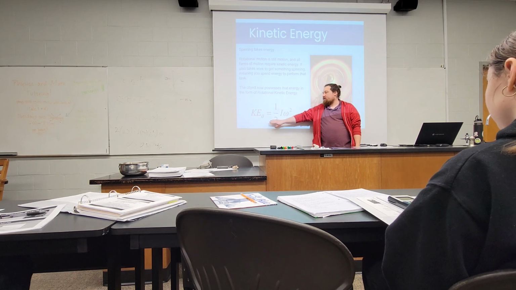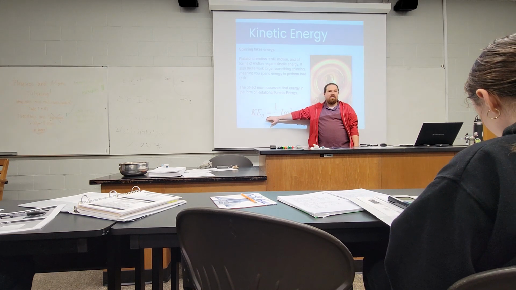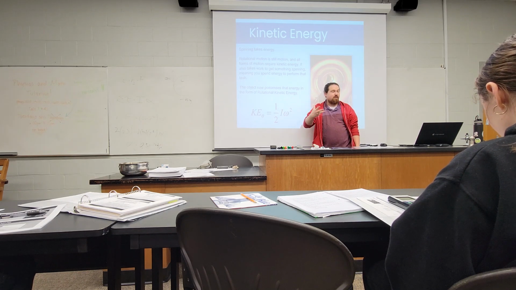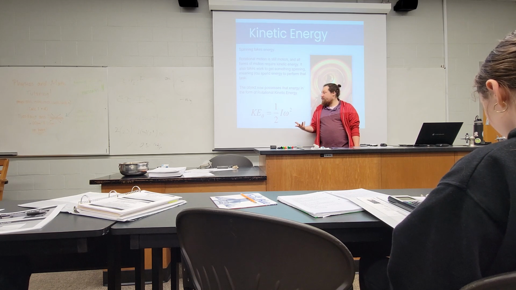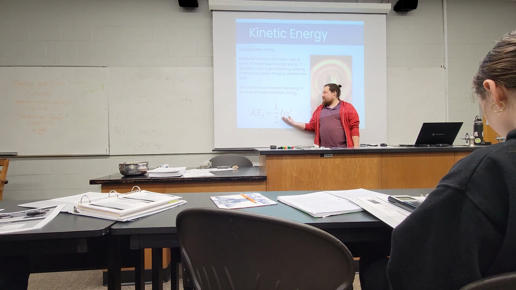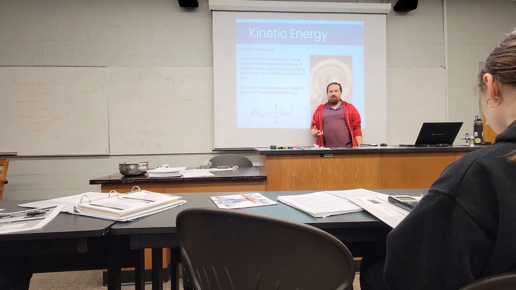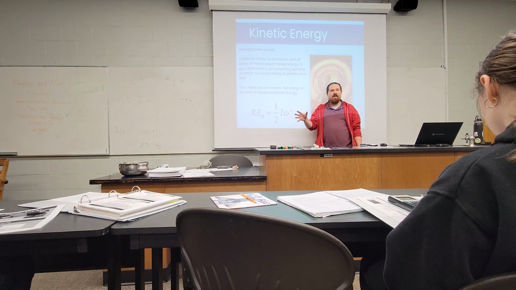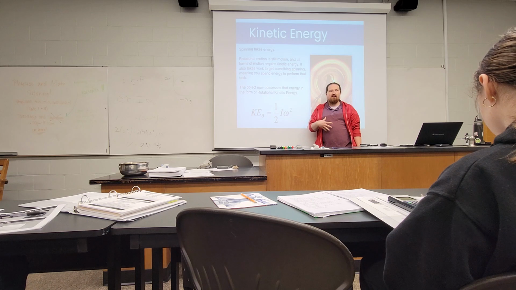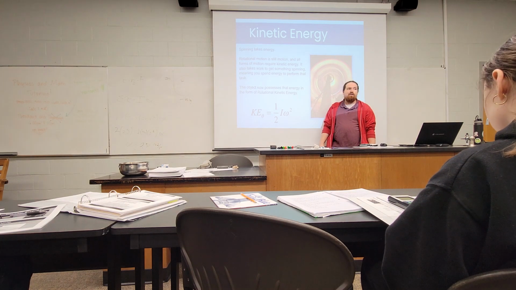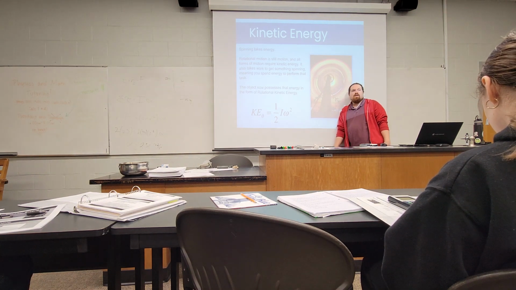So KE with this little theta subscript attached to it, that's just to tell you it's spinning instead of moving in a straight line. And the rest of the formula is a direct one-to-one comparison to the normal kinetic energy formula. Normally, linear KE is 1/2 mass times velocity squared. Instead of mass, we've got moment of inertia, and instead of velocity squared, we've got angular velocity squared.